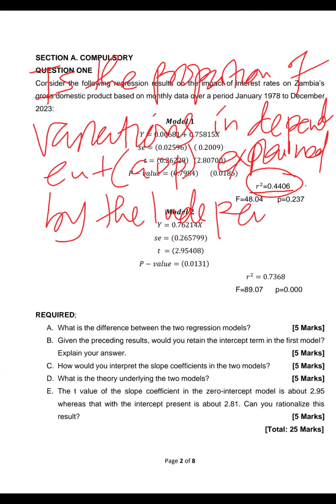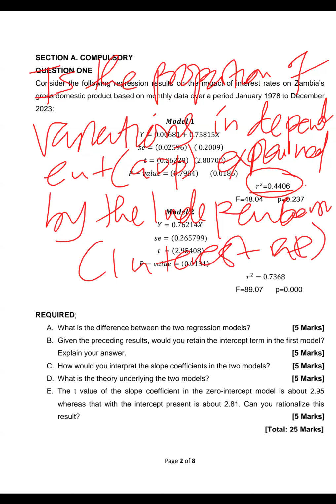What is the independent variable? Interest rate. This is what this measures. So after writing like this, we know that for model 1, only 44%, you multiply that R squared by 100, 44% is explained.